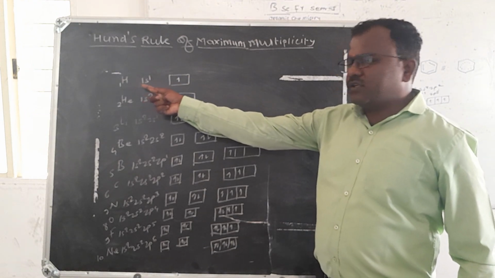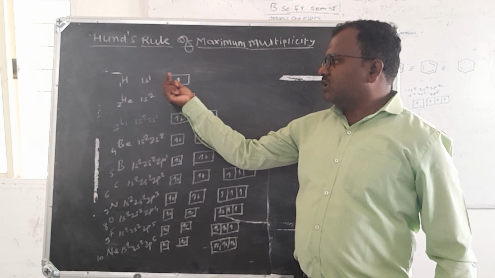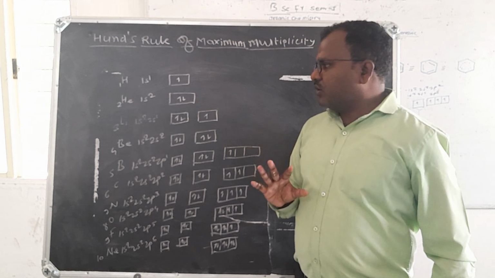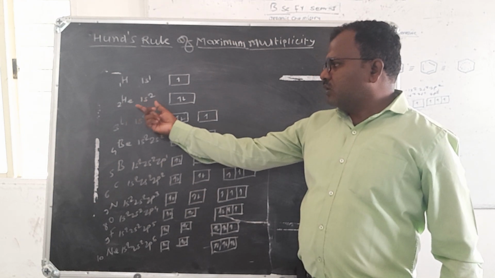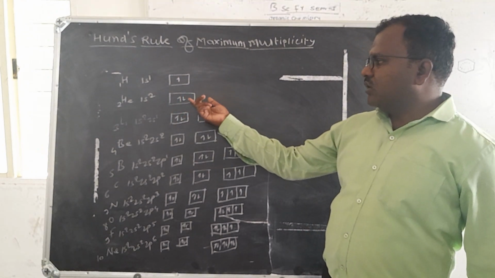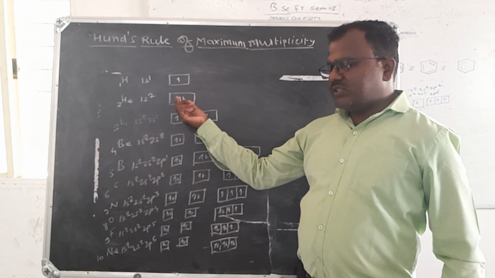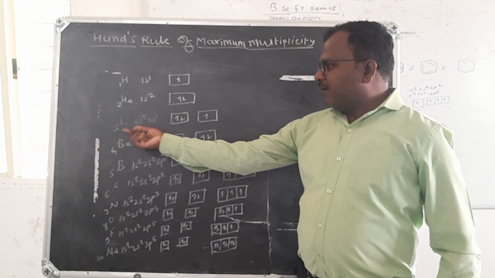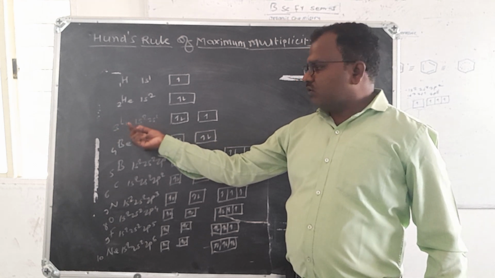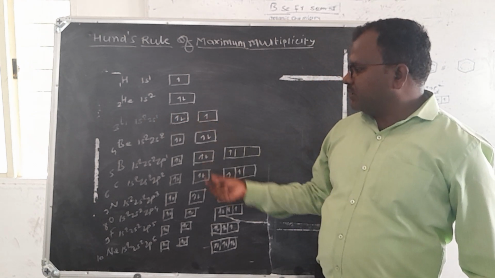The atomic number of hydrogen is 1, and the electronic configuration is 1s1. Only 1 electron is present in the s orbital, which has only 1 orbital. Helium, atomic number 2, 1s2. These 2 electrons are always present with opposite spins. Lithium, atomic number 3, electronic configuration 1s2, 2s1.